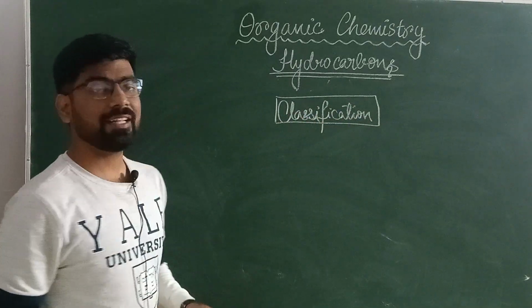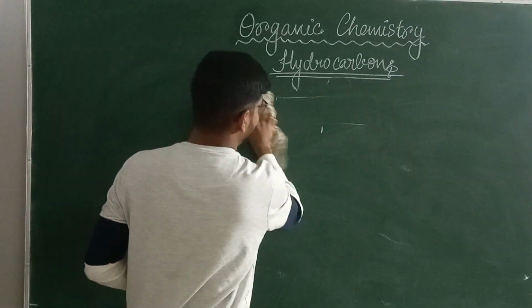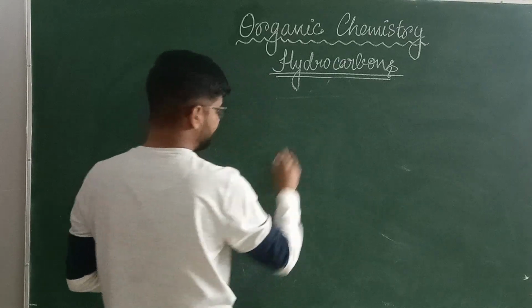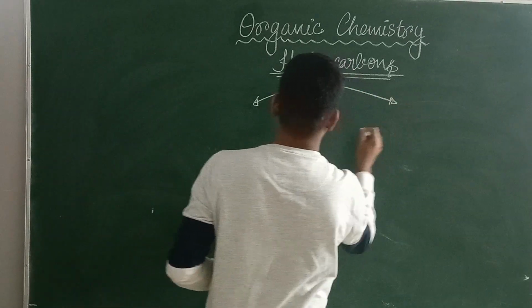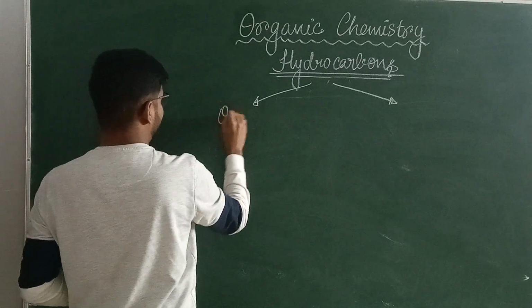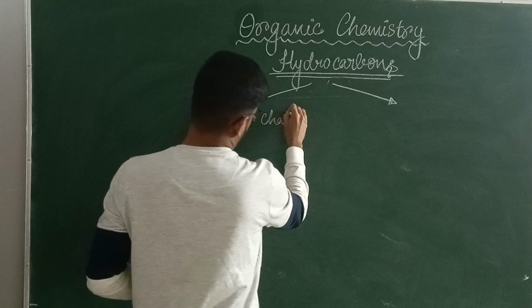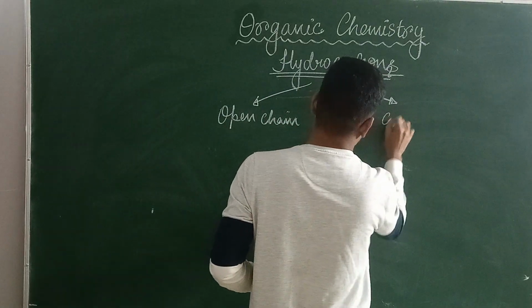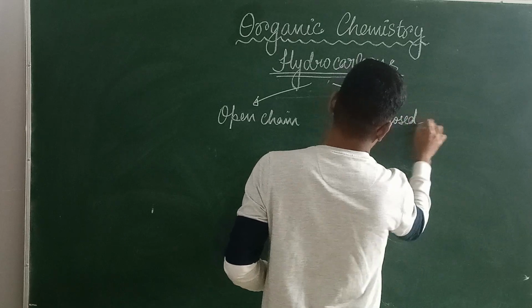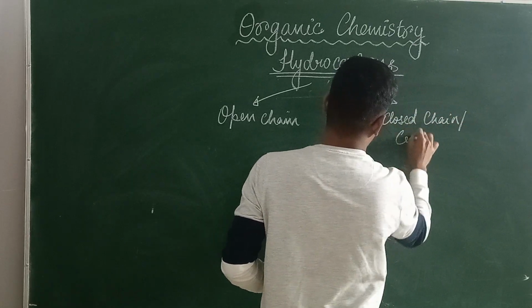Classification. How can we classify the hydrocarbons? Broadly, hydrocarbons can be classified into two groups. One is open chain and the other one is closed chain. Closed chain compounds we can also call cyclic compounds.